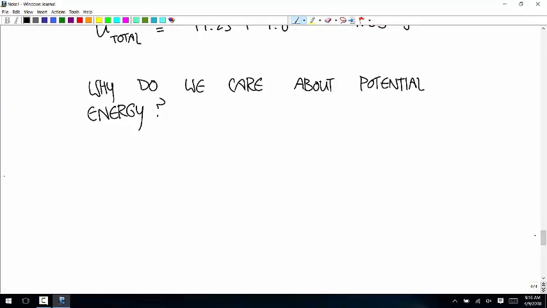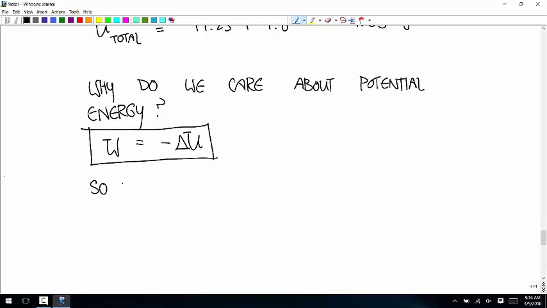We care about potential energy because the work done by a force is equal to the negative change in potential energy. And so we can use the change in potential energy in the work energy principle instead of calculating the work with a dot product. Can we do it for every kind of force? Nope. Only conservative forces.